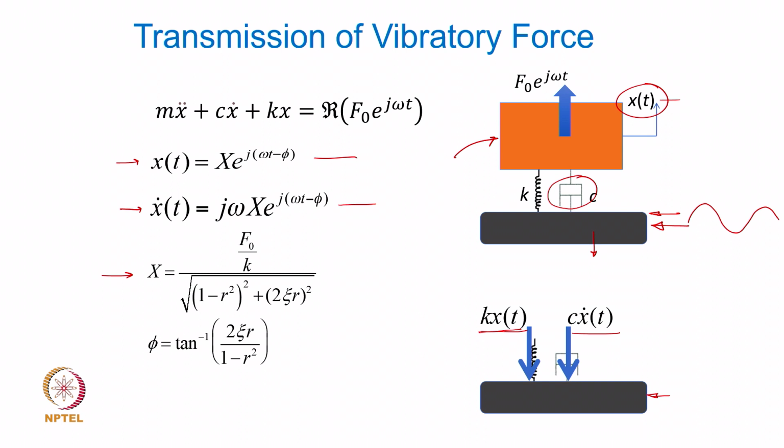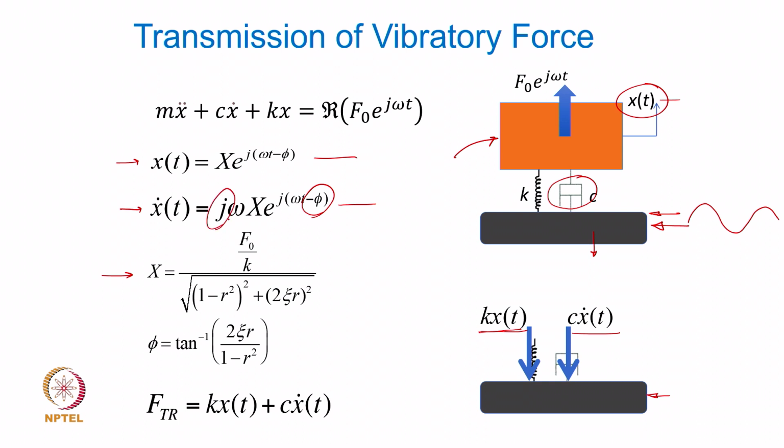Is that clear now? Both these two forces are going to act simultaneously on the foundation, and therefore the total force getting into the foundation, FTR, is going to be the vectorial sum of the two forces. You may write it this way, but x dot of t is going to have a phase with respect to the displacement.